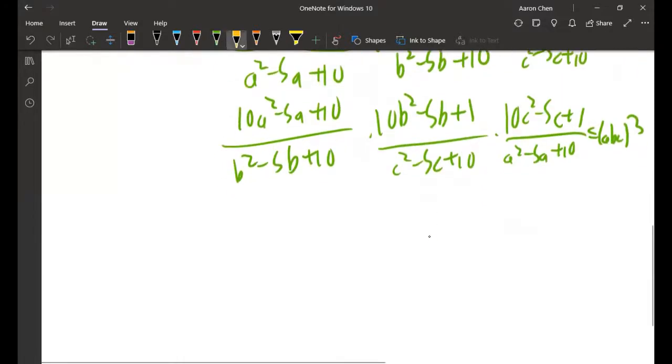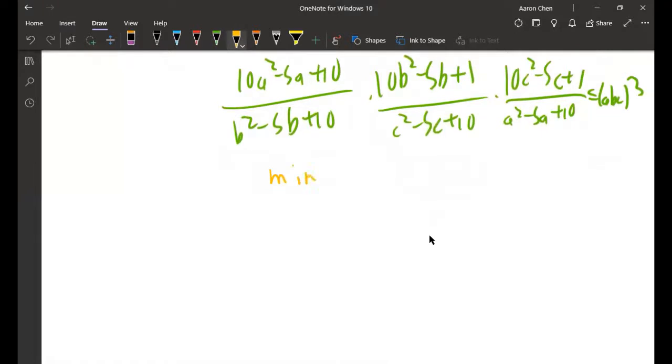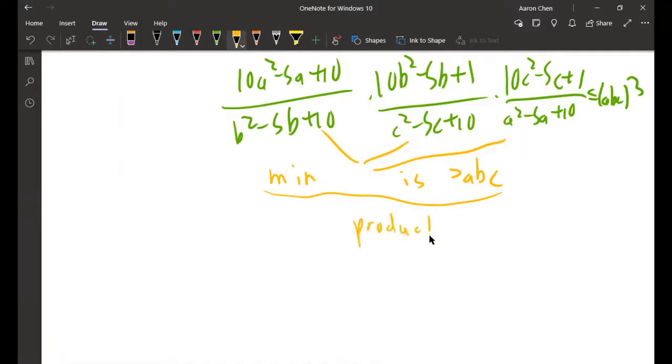And now, if the minimal term of these three is greater than ABC, so assume for the sake of contradiction that this is true. Now, what that means is that the product would also be greater than a cubed, b cubed, c cubed.